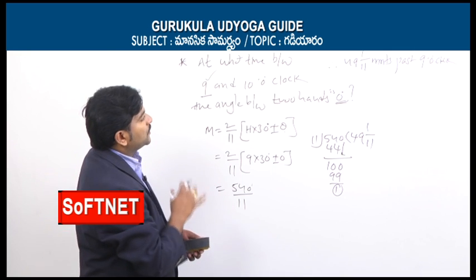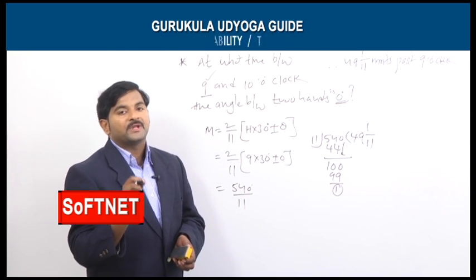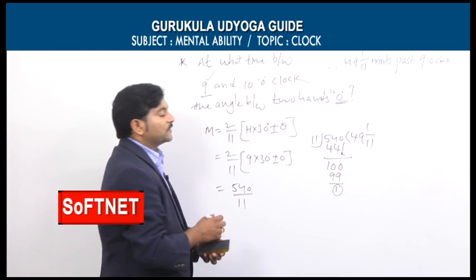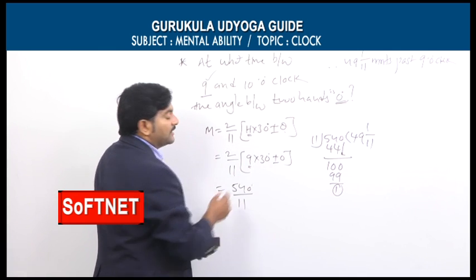So these are the two types of questions. Whether he mentions the word coincide or 0 degrees, we simply take theta equal to 0 in this formula. And as you already know, h equals 9 here.